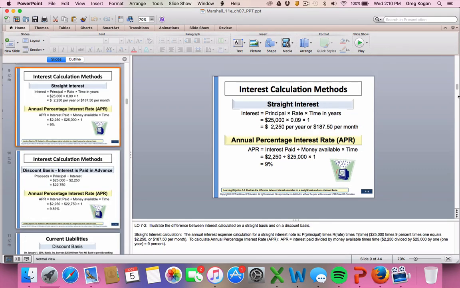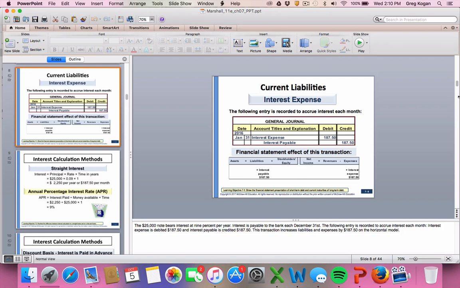Now they get into a little more on the discount, the future value, and the present value. To be honest with you, I've been working with bonds and in the finance world, or even looking at mortgages, and it's never this complicated. It's always just the principal amount times the interest rate times the time period.